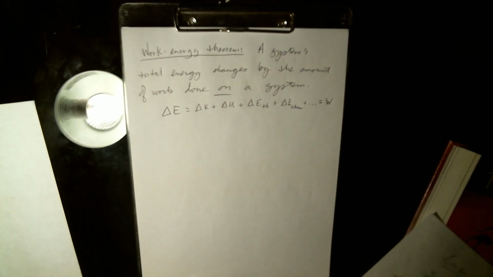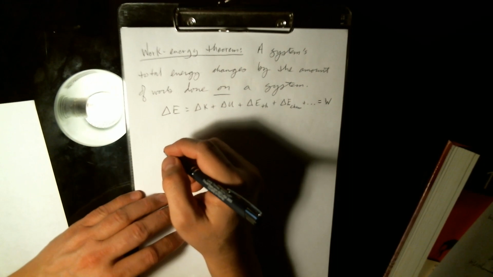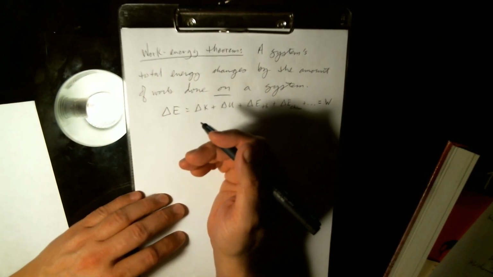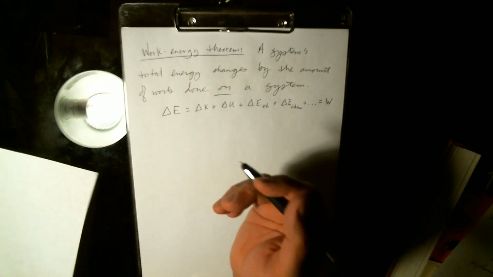So let's just review here what work is, because I haven't really stated that for you now. You may or may not remember. I said that work was an energy transfer, I believe. Let's see here. I'm trying to look and see if I said that already, and I can't see it.